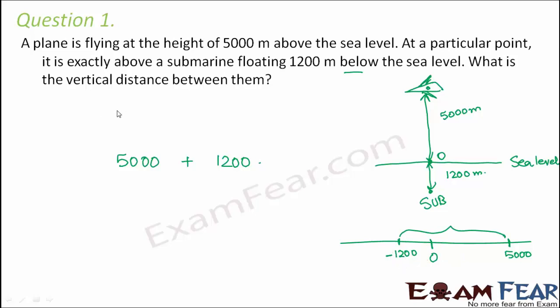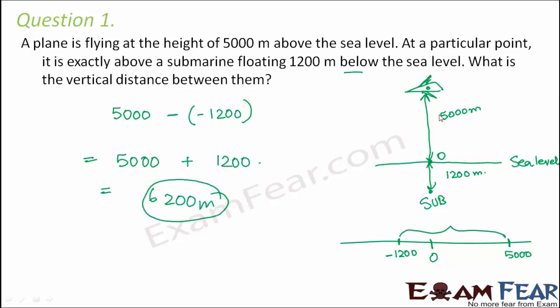Even if you want to consider the negative sign, in that case it would be 5000 minus minus 1200, which in turn would mean the same thing. So 5000 plus 1200 comes out to be 6200. So this is the vertical distance between the two. It becomes more evident by looking at this picture: the total distance would be this distance plus this distance.